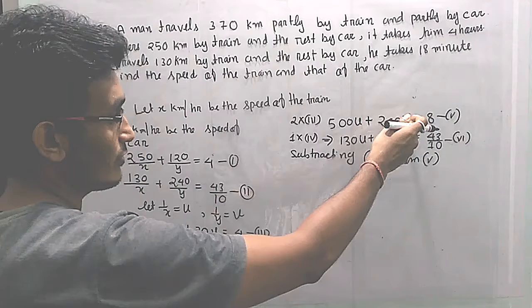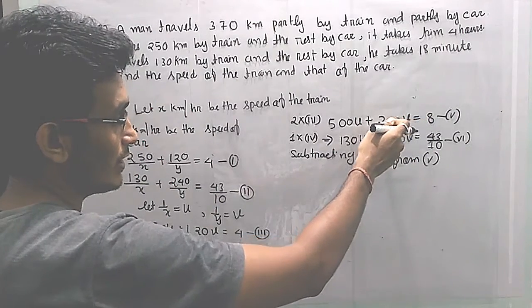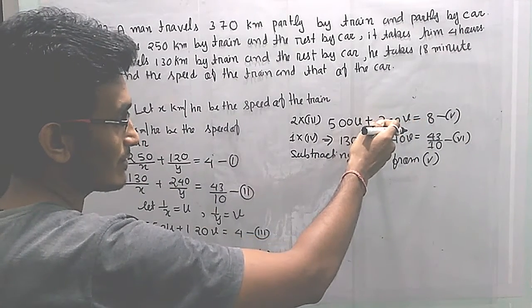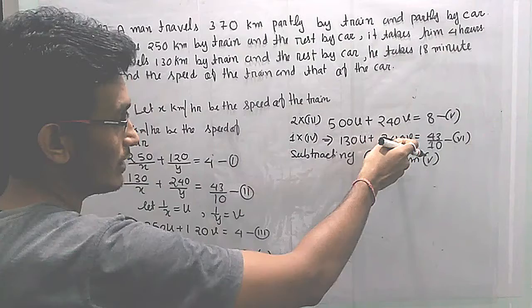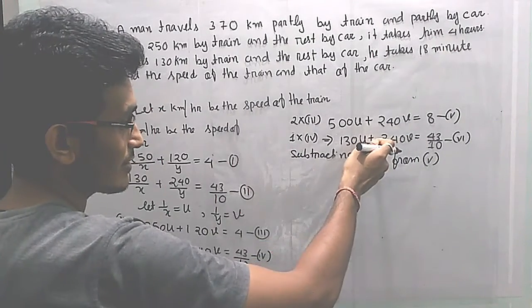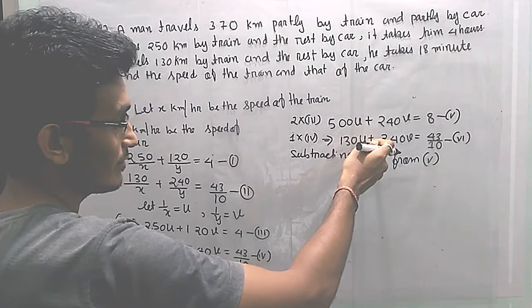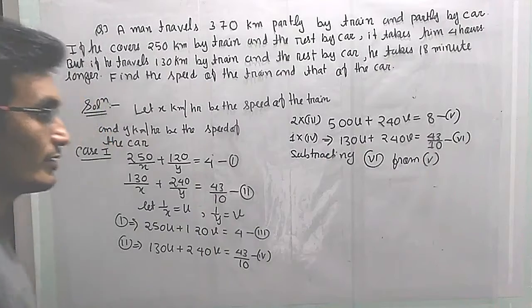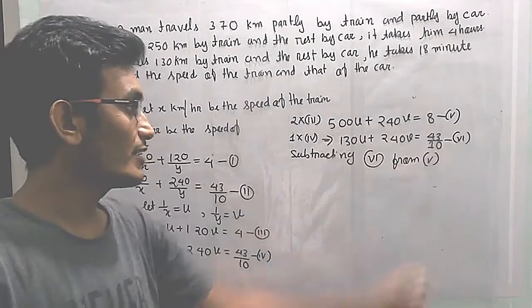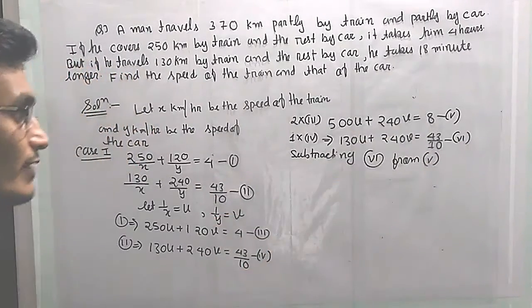Because the coefficient of v is 240 and the sign is plus; here also 240 in equation 6 and the sign is plus. That's why we need to subtract. So equation 6 is subtracted from equation 5.